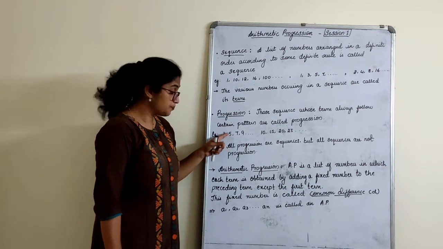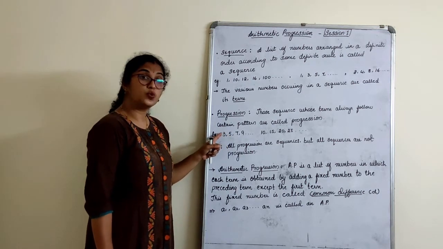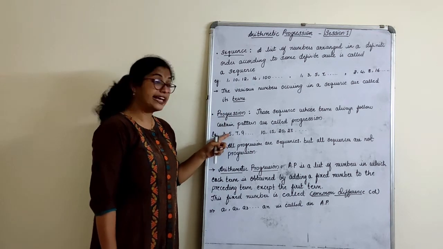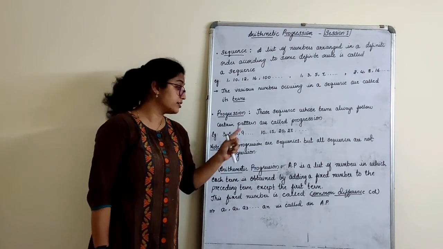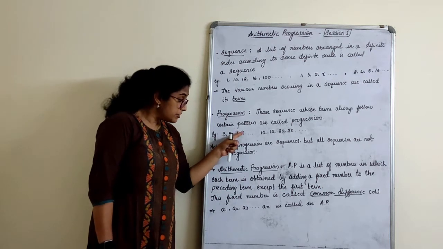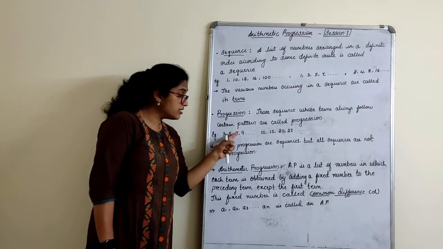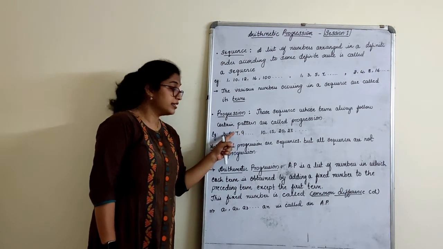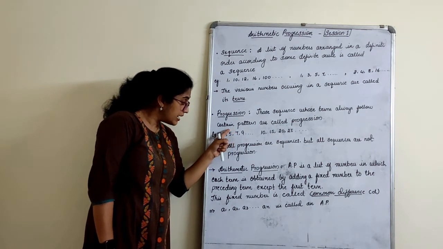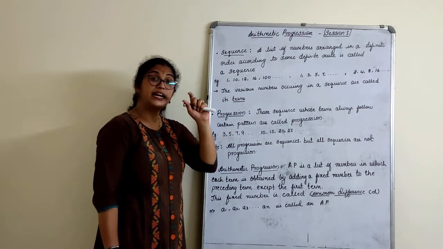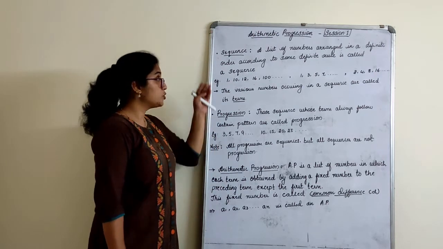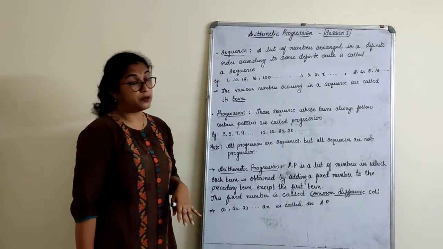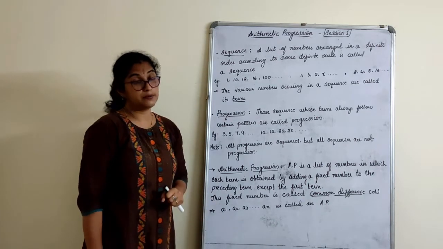Common difference is 2, right? 5 minus 3 is 2. If I add 2 to this, I get 5. For this preceding term, if I add the fixed number, that is 2, I get 7. That means to get this, I have to add something to the preceding term, children. That fixed number we add is the common difference. I want you to give the heading as arithmetic progression and write down these points.